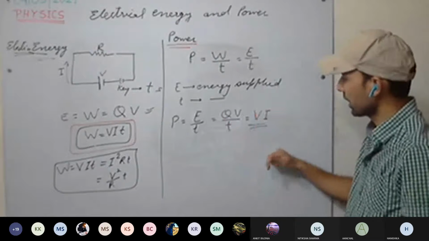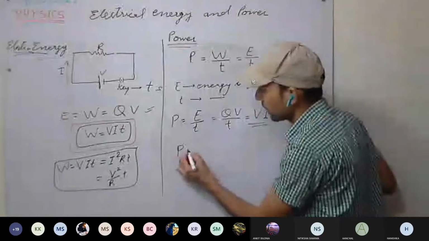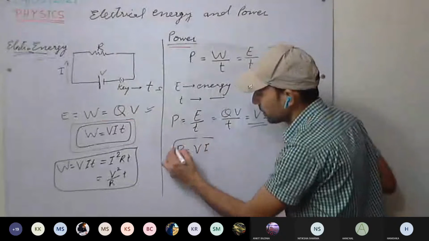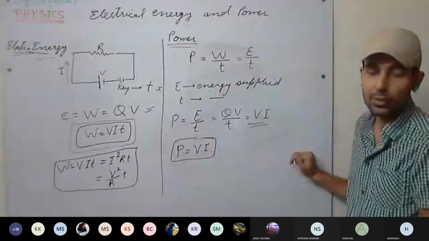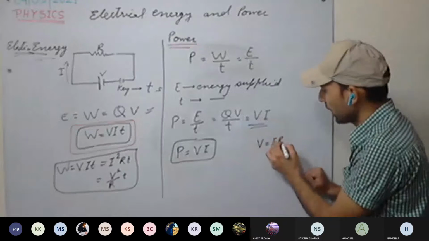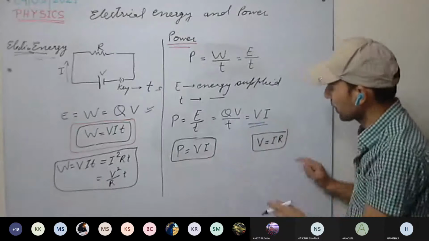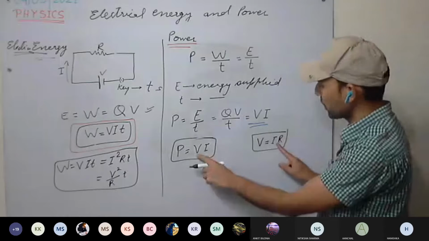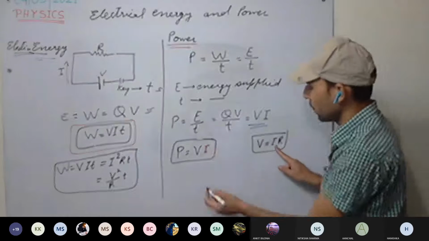Next expression, how can we derive it? P equal to VI. Again, which law will we use? Ohm's law. V equal to IR. Keep putting the values. First, V we are putting.